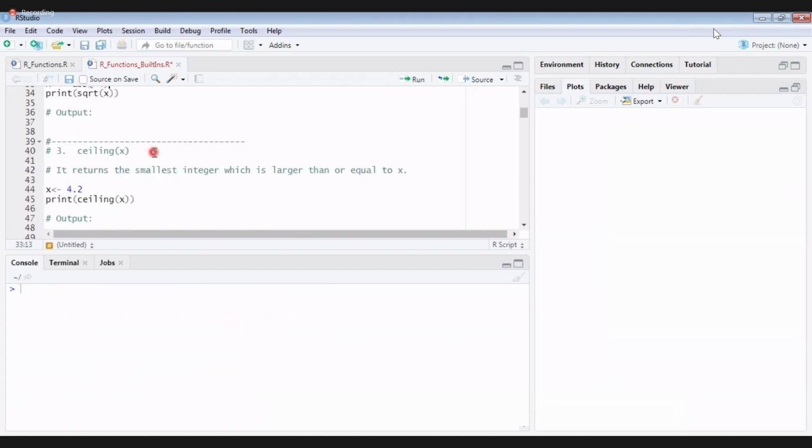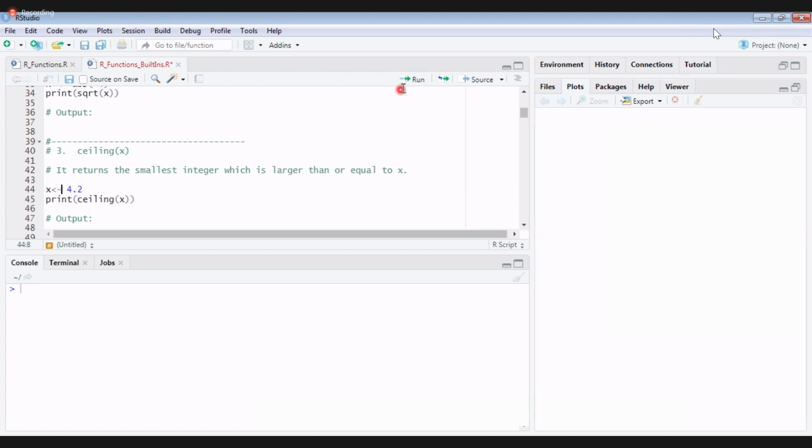Next is what? Ceiling function. Ceiling returns the smallest integer which is larger than or equal to the given x. Here suppose I give 4.2.